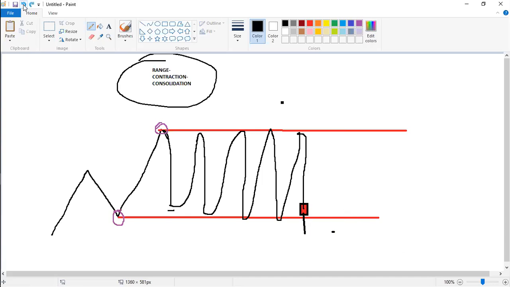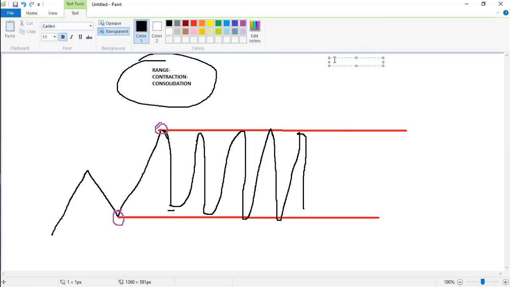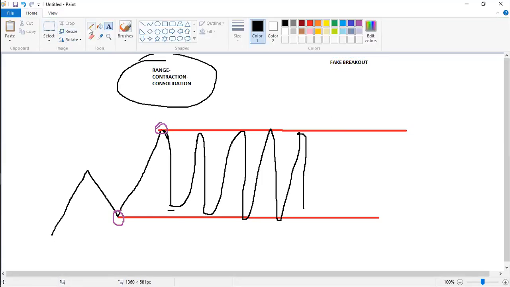Right, that's that part. The other thing is I'm going to teach you what is a fake breakout. What is a fake breakout? That's the one you find in a range. So when you see a BMS, this becomes a lower low. So we are expecting a lower high, then lower low.